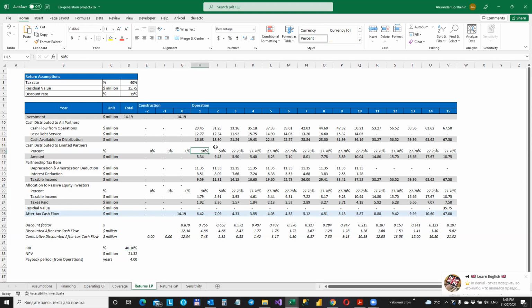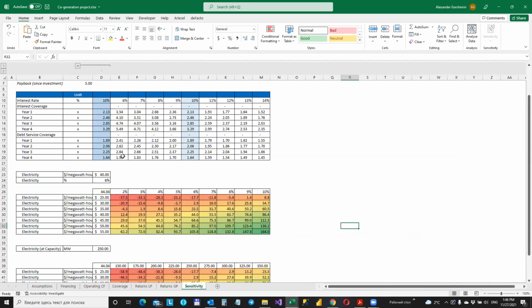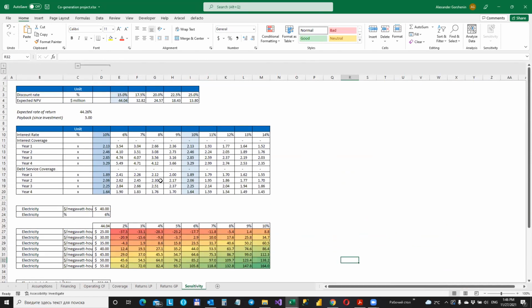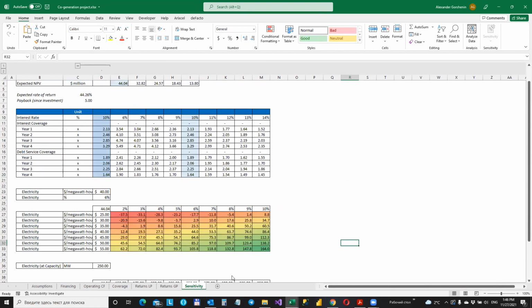We can check the calculation. It will help you in understanding how the actual calculations can be done and probably use in your professional life. And also we'll have the various sensitivity tables to discuss later.